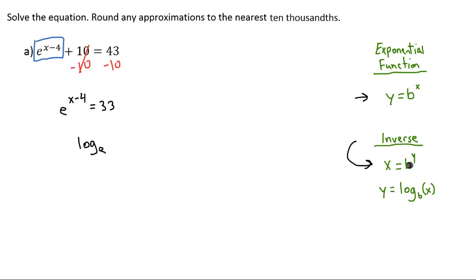So we want to hold off on that, and I guess we would say, what is written with the log? Well, that's the part that was on the other side of the equal sign of exponential form. So that was the 33, and I'm going to rewrite that in parentheses. Then on the other side of the equal sign, we need to write our exponent, which was x minus 4.